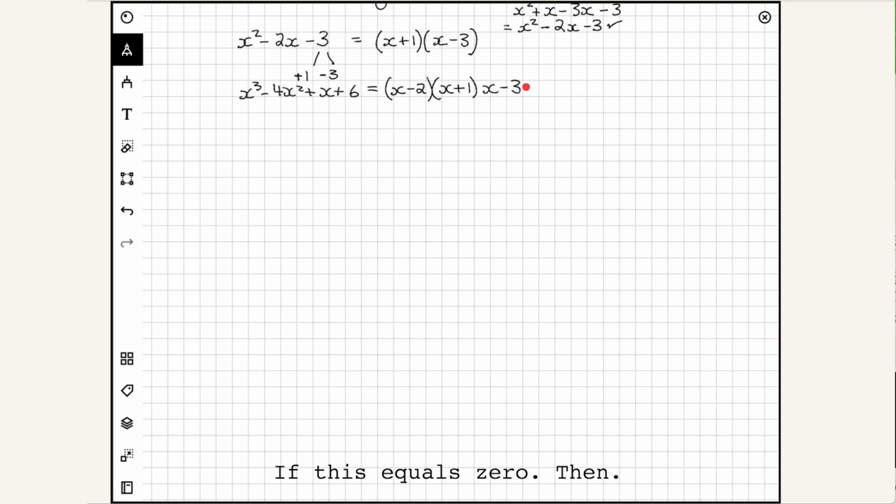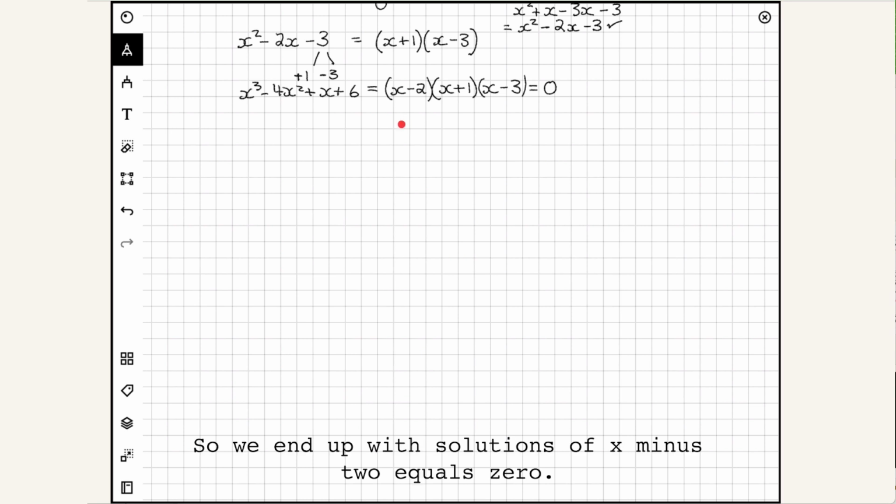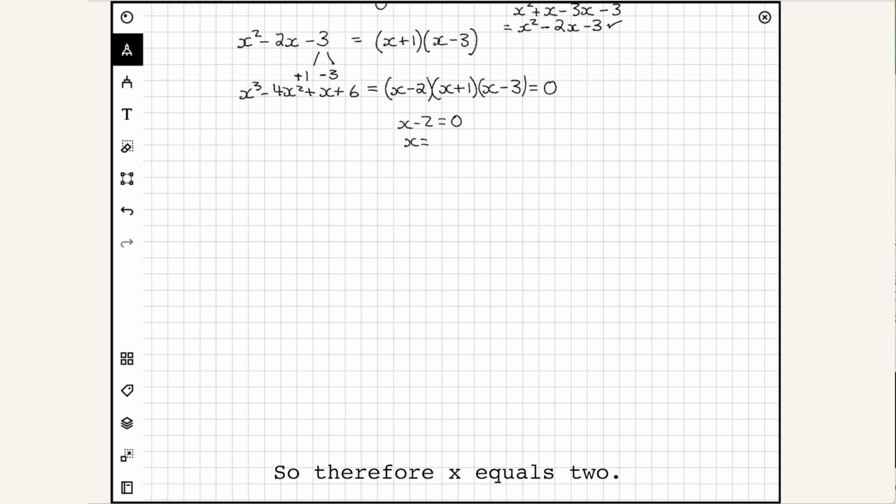If this equals 0, then one of these brackets must be 0. So we end up with solutions of x minus 2 equals 0, so therefore x equals 2. Or we end up with x plus 1 equals 0, so x equals minus 1.